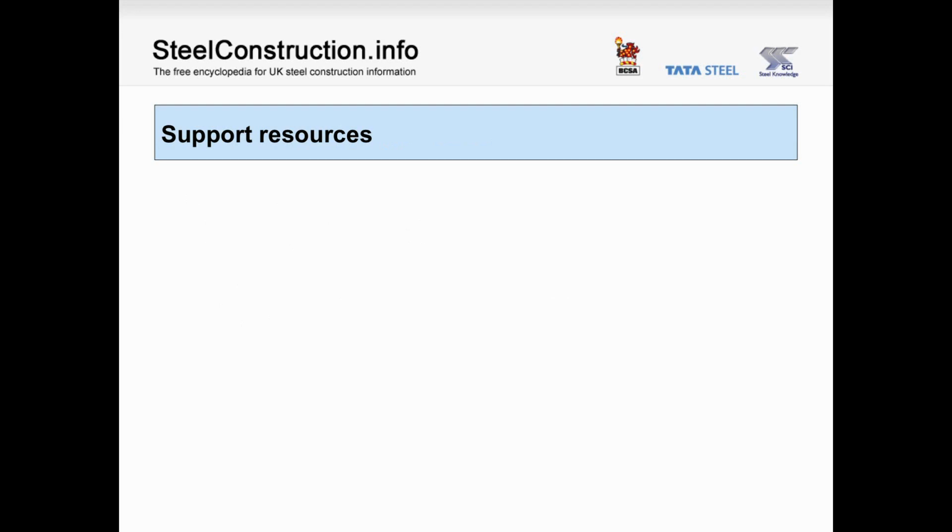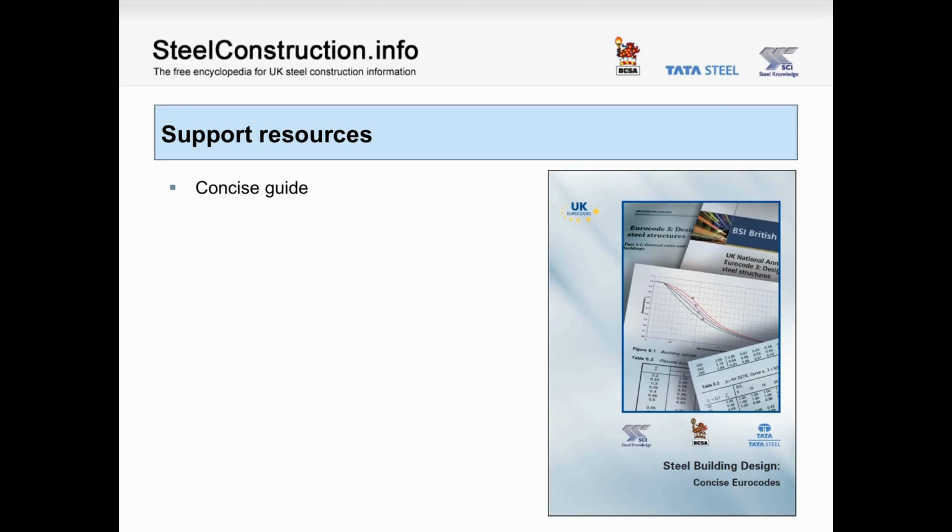Having demonstrated then a number of numerical examples, it's valuable to point out that there are a number of resources available to designers, many of which have worked examples. So the concise Eurocode guide has been referred to several times during this presentation. That contains the lookup tables for the reduction factors chi and chi-LT.